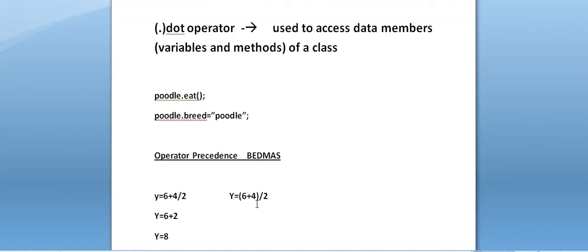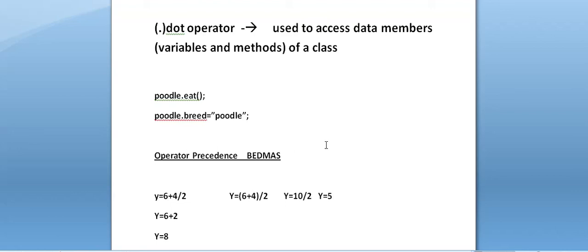So what will be the result in this case? y is equal to 6 plus 4 in bracket, higher precedence, 10, divided by 2, and it will be equal to 5.